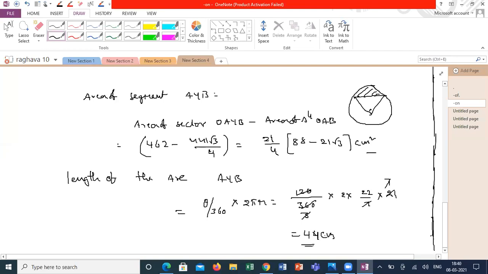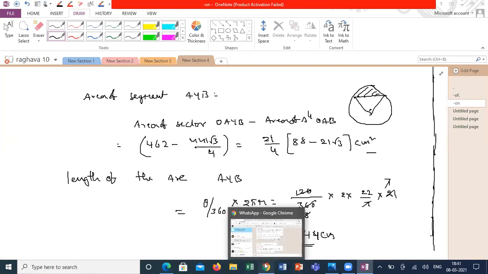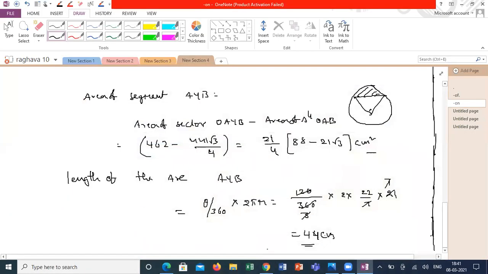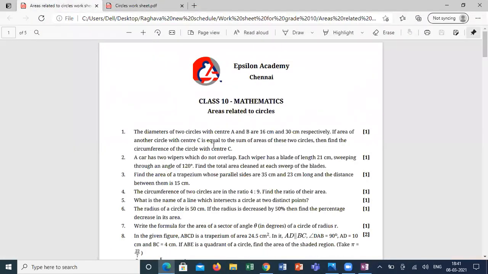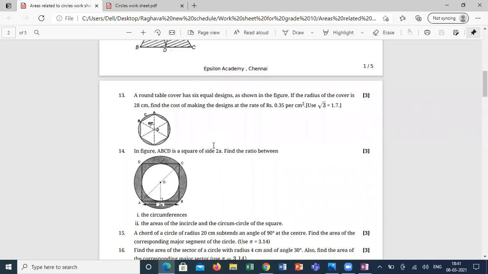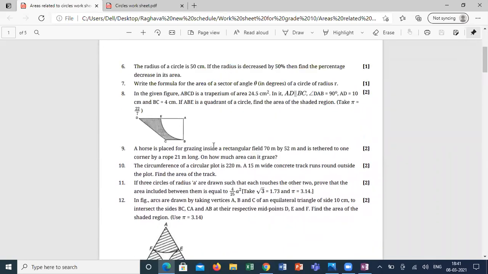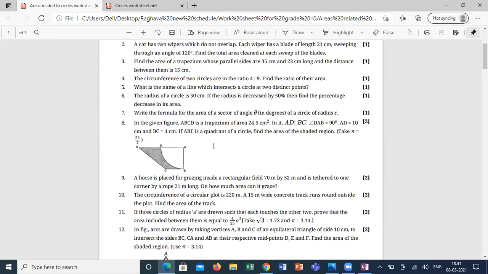So any problem will come within this range only. We discussed almost the whole topic in a single numerical. So I'm going to share one worksheet after the class. We will do a few numericals from that worksheet. We'll start with 3 marks questions, so we'll go with question number 8.